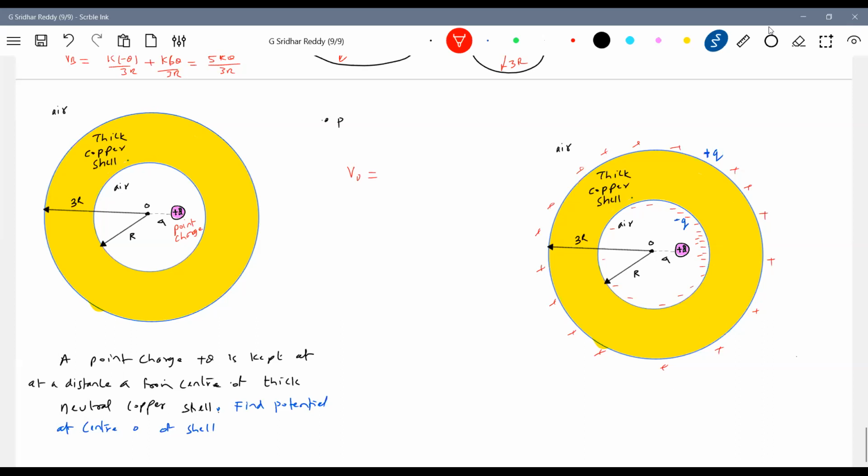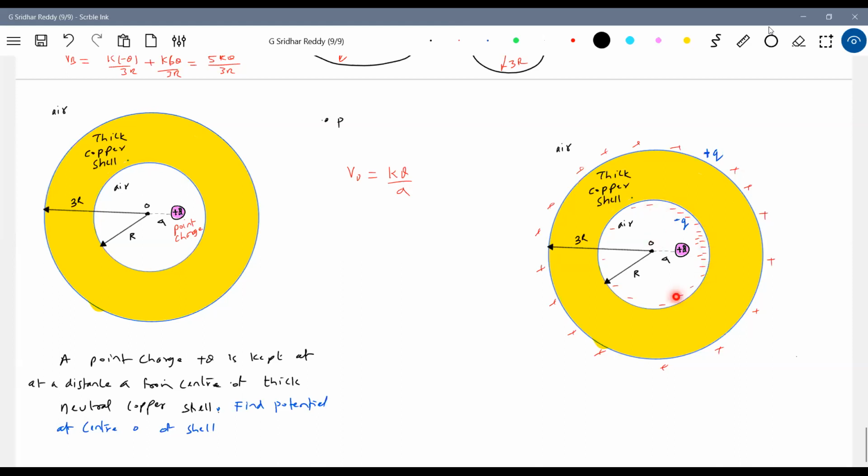V naught equals, first, KQ by a, since the point charge is at a distance a. Next, this induced charge is non-uniformly distributed, but can we write the potential? Yes, because any point on this inner surface is at a distance r only.